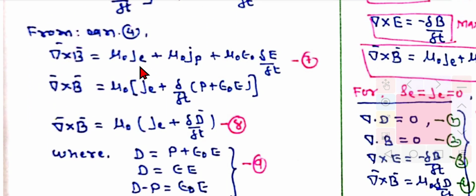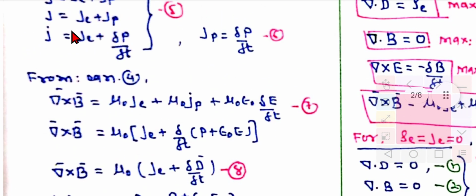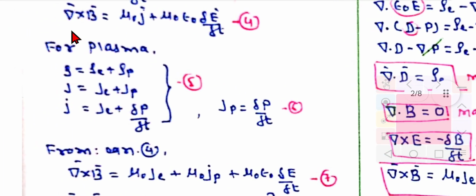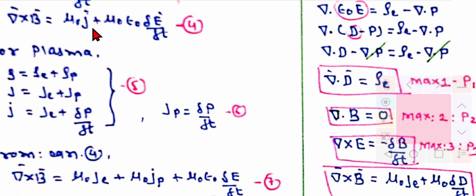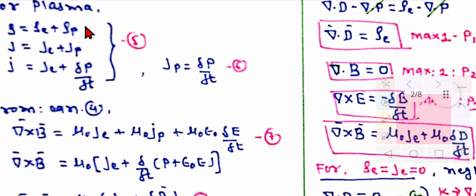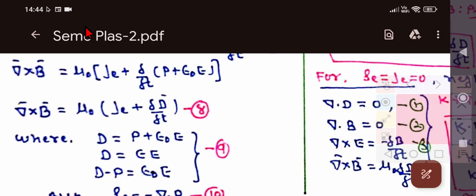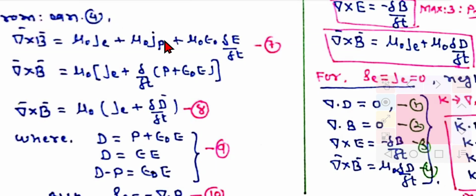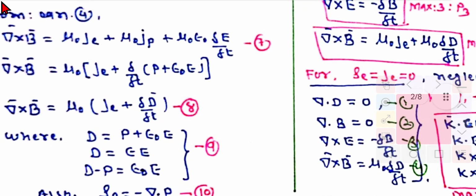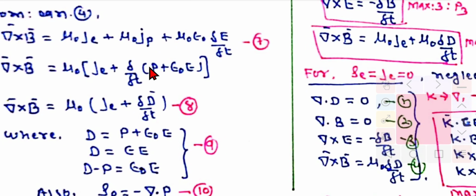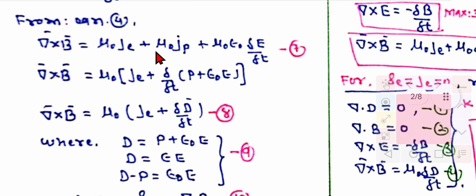So from equation number 4 we can say mu 0 Je plus mu 0 Jp, because J equals Je plus Jp, and mu 0 epsilon 0 del E by del T. Let me say mu 0 is common.